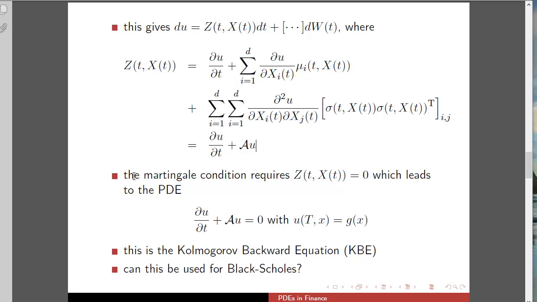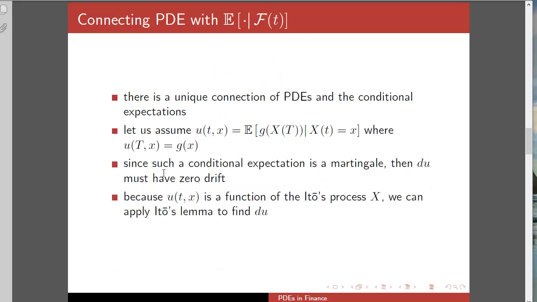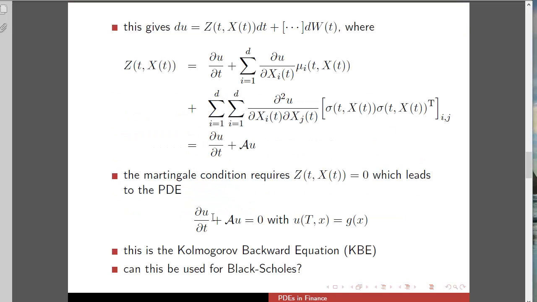Like I said before, to make u a martingale, we must have zero drift in du, and that can only happen if this term here is set to 0, because it's the dt coefficient.